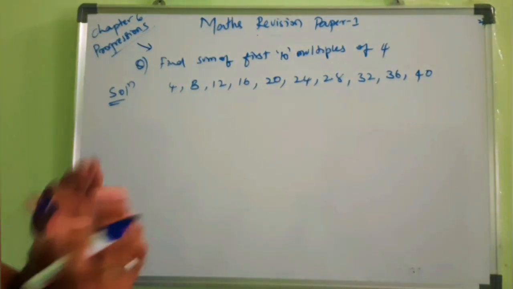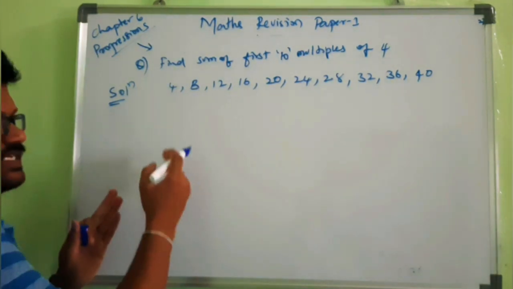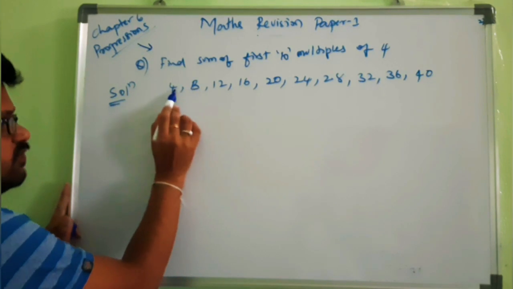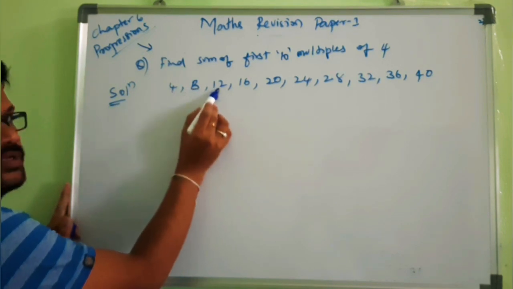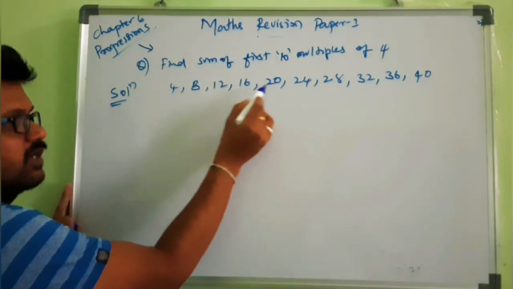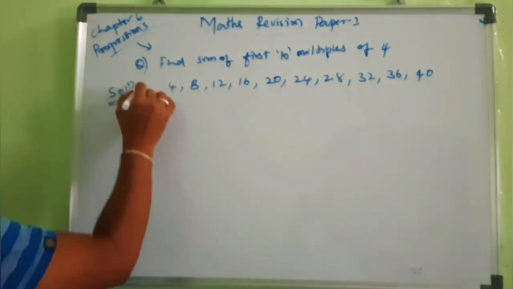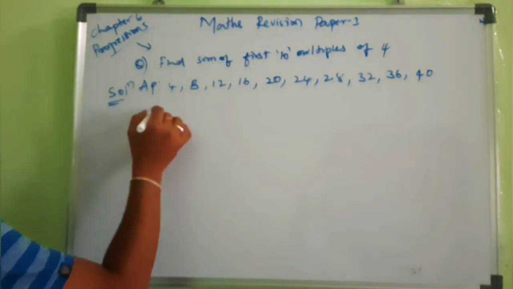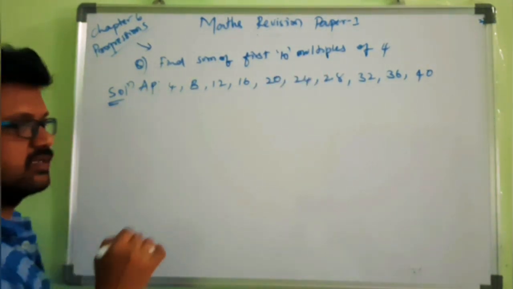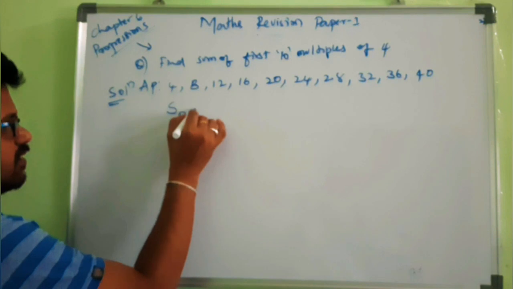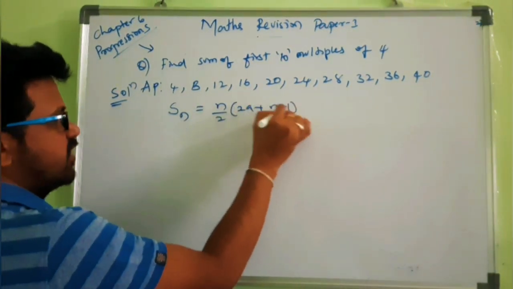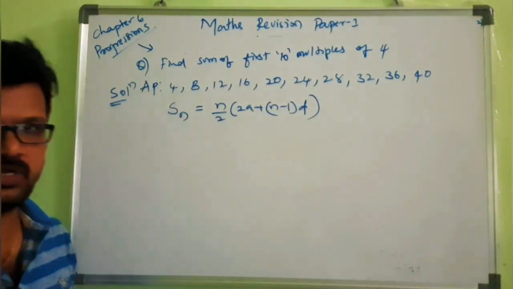If you observe, this series is in progression, means arithmetic progression or not. 4 plus 4 is 8, 8 plus 4 is 12, 12 plus 4 is 16. There is a common difference, so this is in AP. Now we have to find the sum of all these terms. There is a formula: Sn is equal to n by 2 into 2a plus n minus 1 into d. This is the formula.